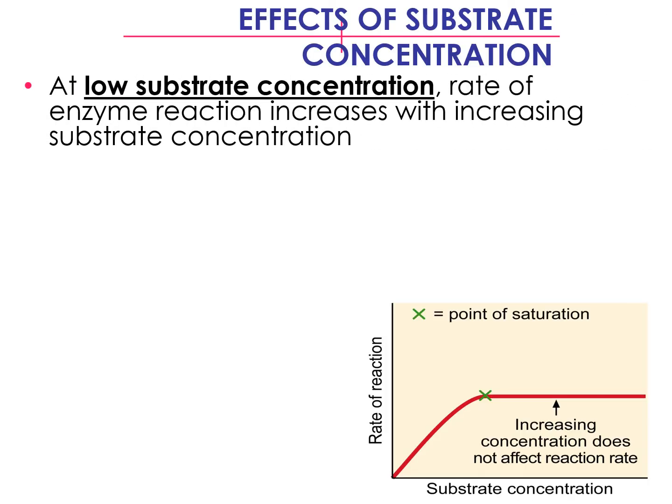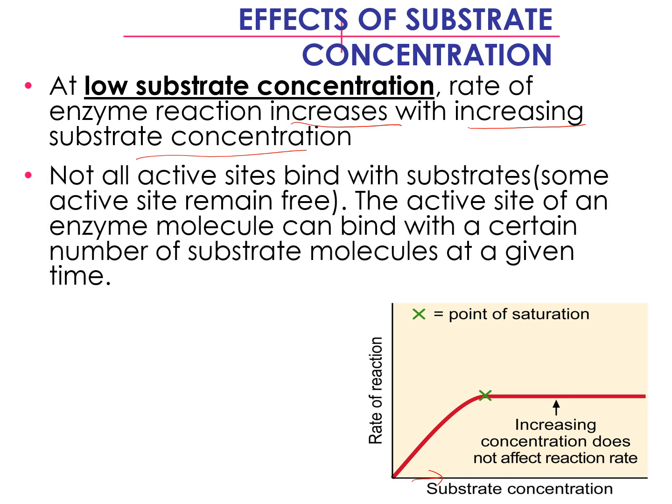Substrate concentration. At low substrate concentration, the rate of enzyme reaction will increase with increasing substrate concentration. Okay. As we add up the substrate concentration, because at low substrate concentration, not all active sites bind with the substrate.